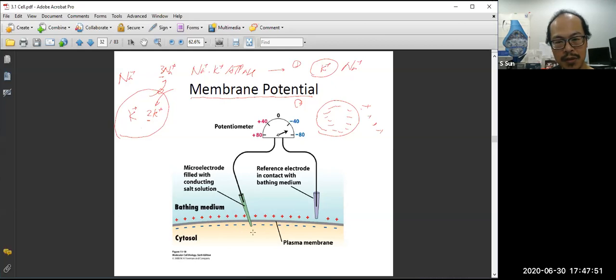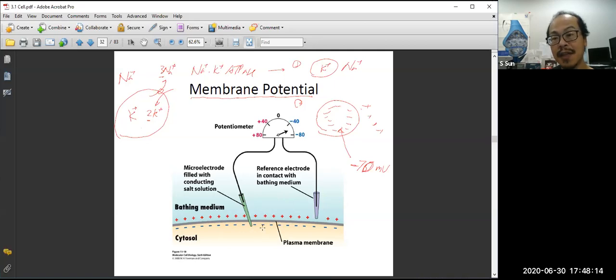So here is a measure inside the cytosol compared to outside. And it's always negative. When we measure this voltage, it's usually around negative 70, 75 millivolts. Okay, so that is very typical.